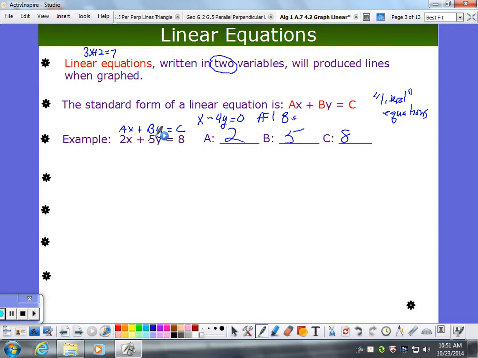Does that look like plus? Careful. Negative 4. And what's C? 0. So you look and try to match that up with ax plus by equals c. And those values can be important sometimes.